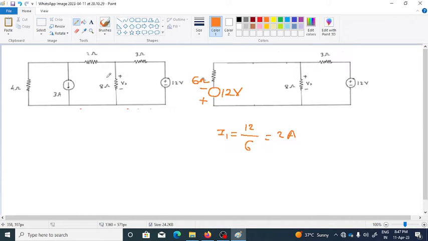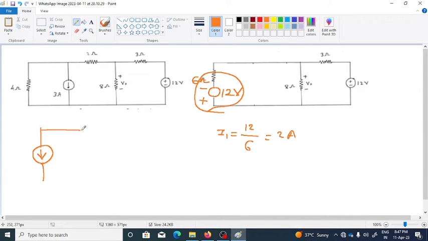So in place of this whole combination I am writing here a single current source, right? This is a single current source. Again see the polarity, this is minus plus, meaning plus on the downside and minus on the upside, so the polarity is like this.